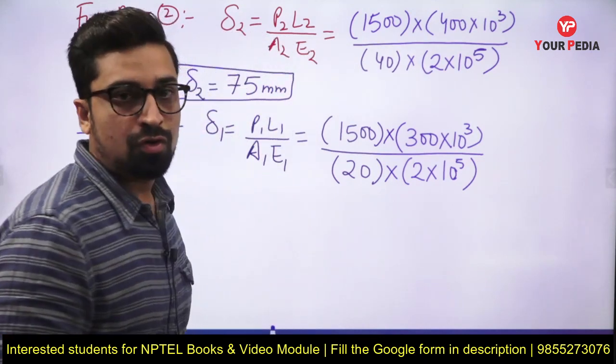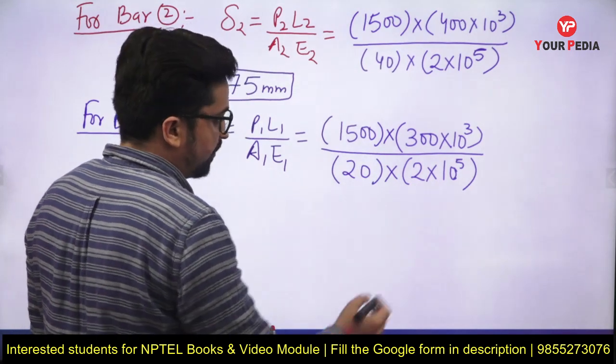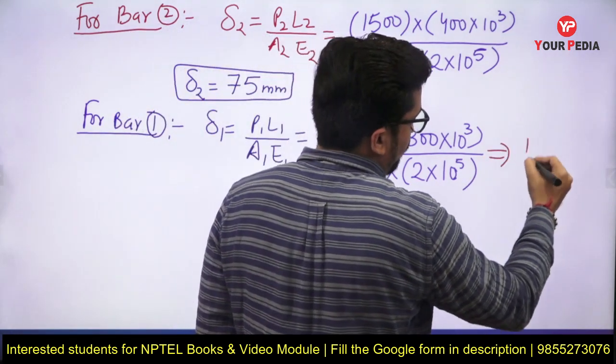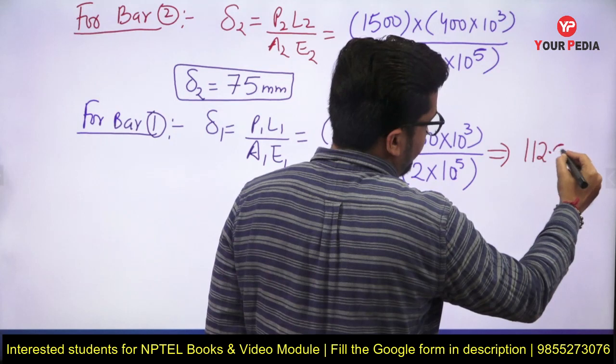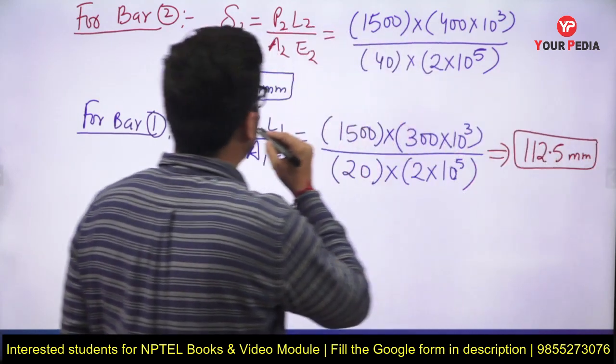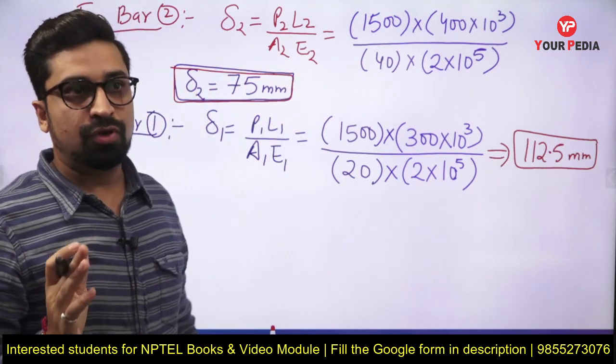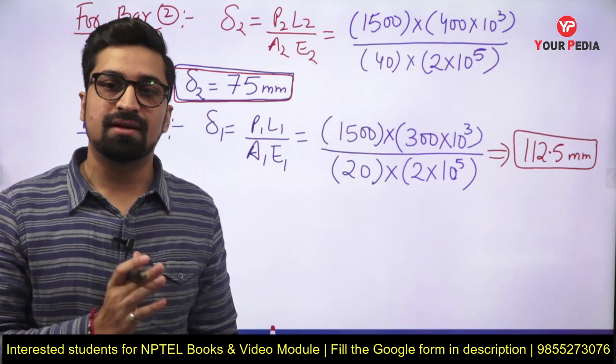On solving this, you will get the value of delta 1 as 112.5 mm.